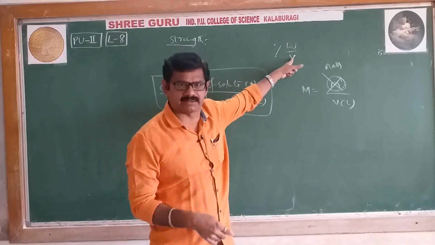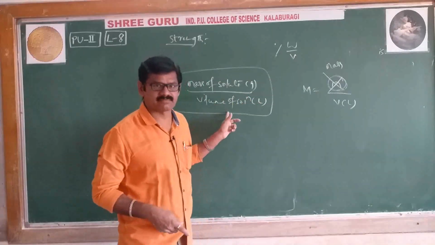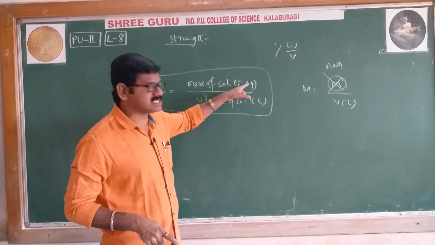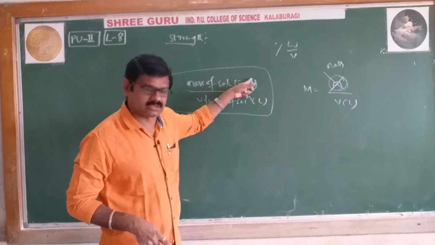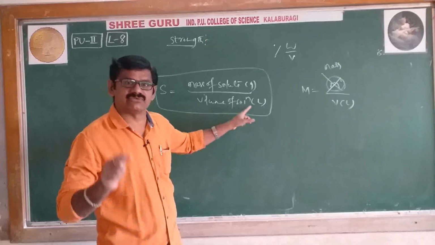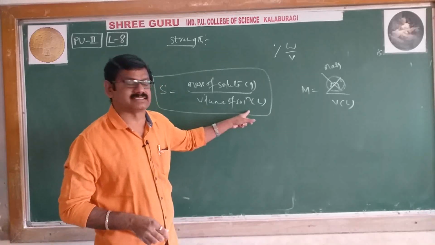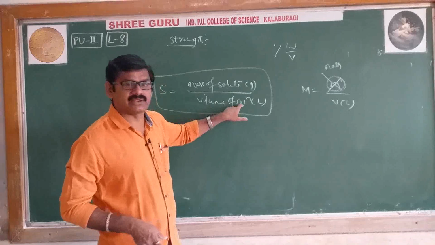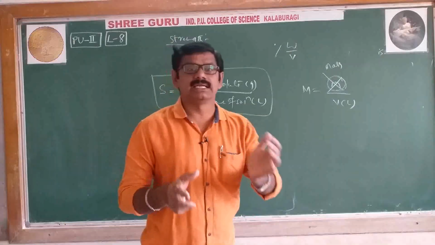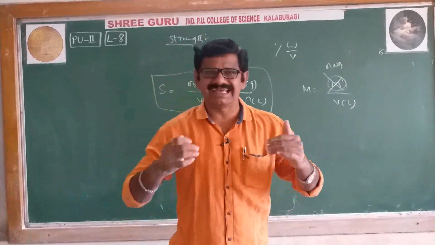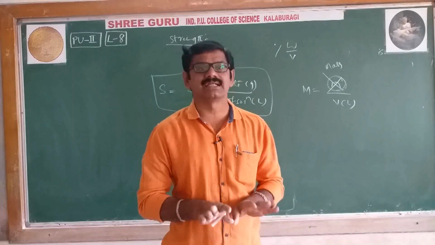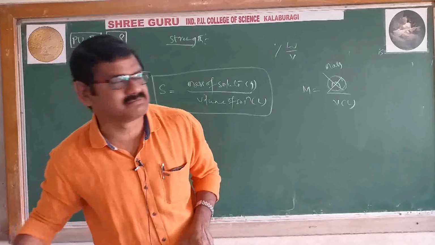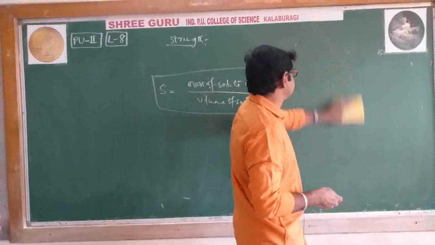But here, the mass of solute is in grams, no doubt, but the volume of solution is in liters. There we used milliliters, but here we are using liters. Therefore, W by V and strength are entirely different. There is no comparison between them, right?